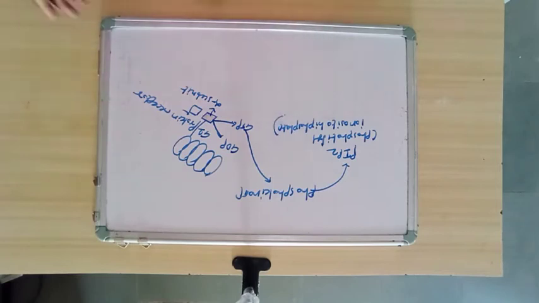So the sequence is: GQ protein receptor, then GDP, guanosine diphosphate, guanosine triphosphate, then phosphokinase, then phosphatidyl inositol biphosphate.